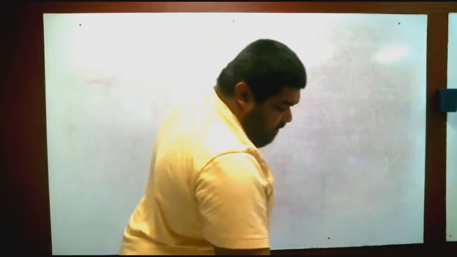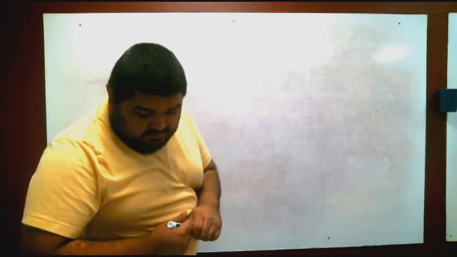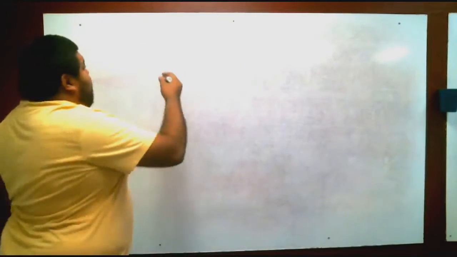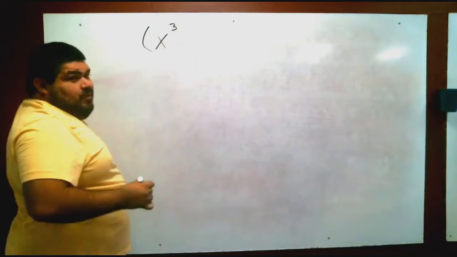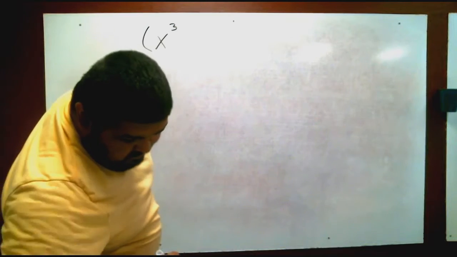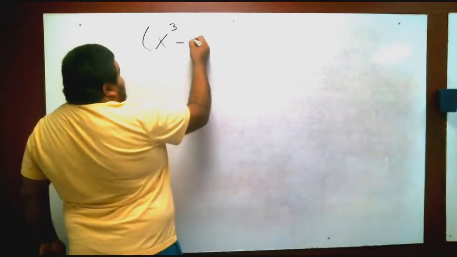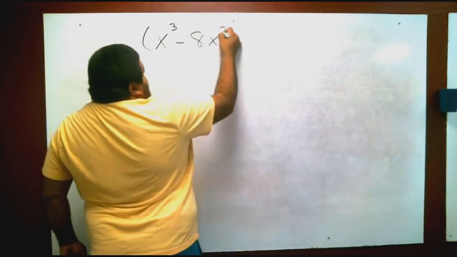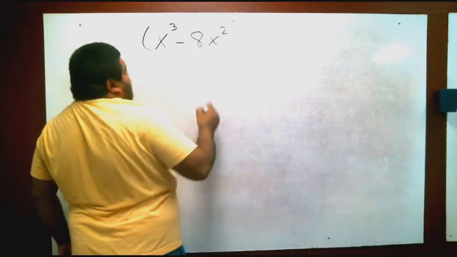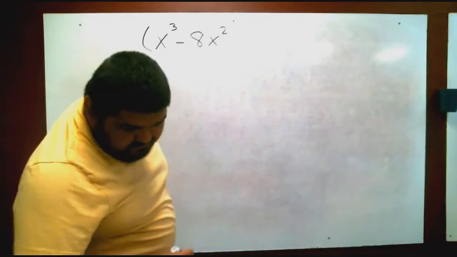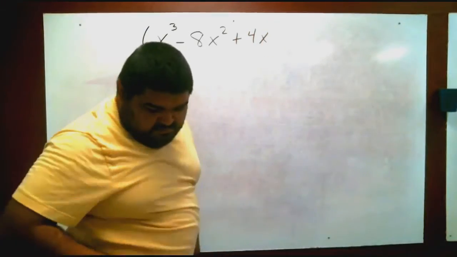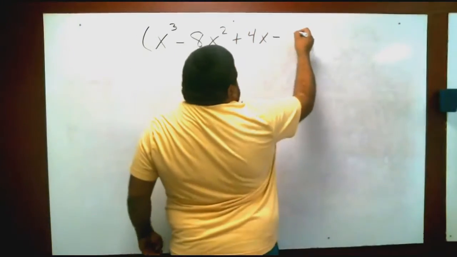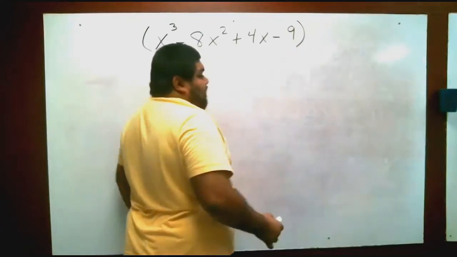So, our example for today is we have x to the third, minus 8x squared, okay, plus 4x minus 9, okay?